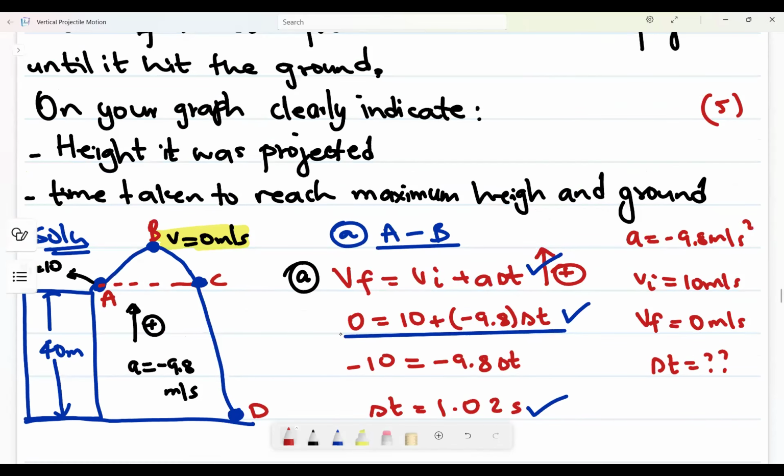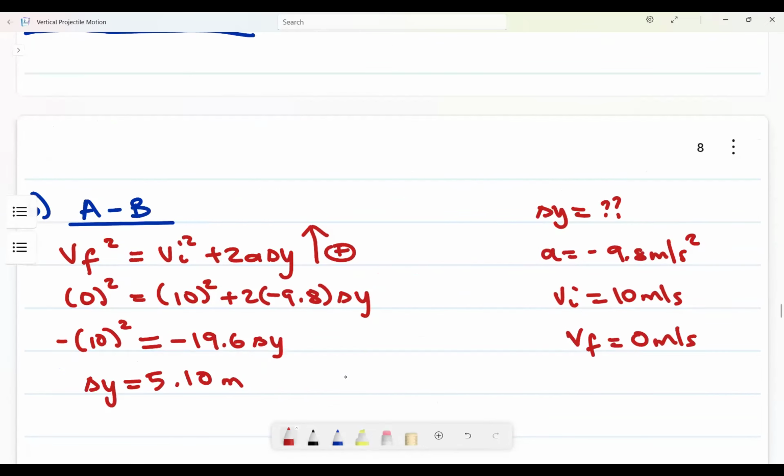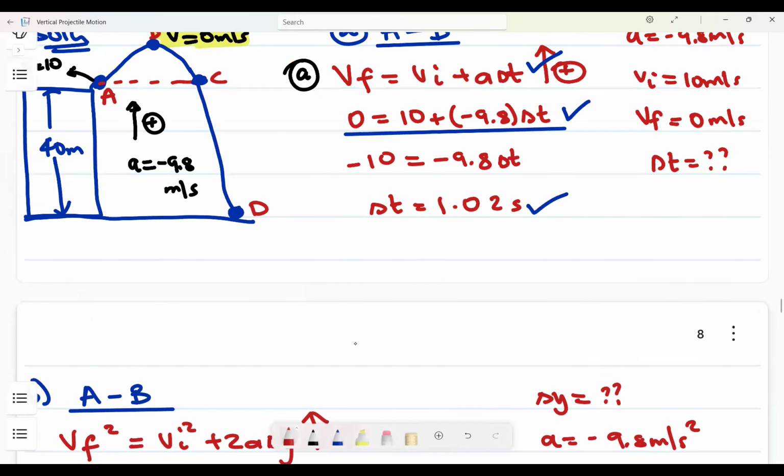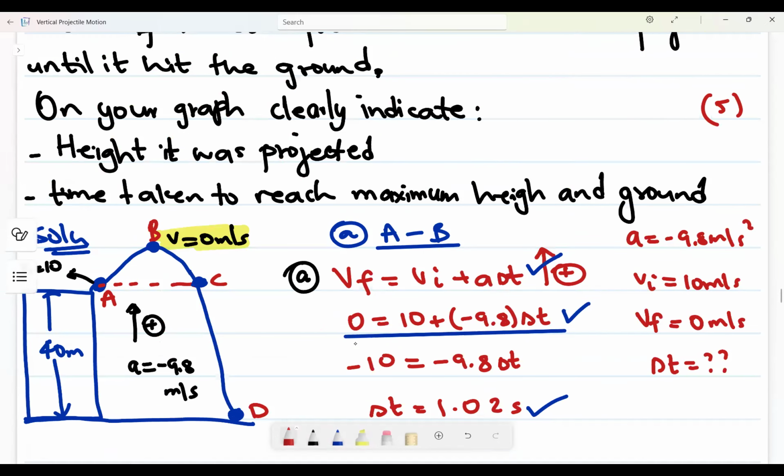So now initial velocity is positive. Why? Because you chose upwards as positive. Then the answer here is positive. Why? Because now the height that we are calculating is above point A, okay? So anything above point A is going to be positive. Anything below point A is going to be negative.